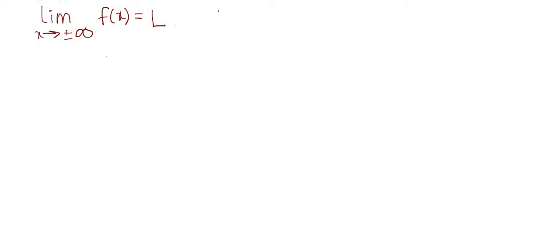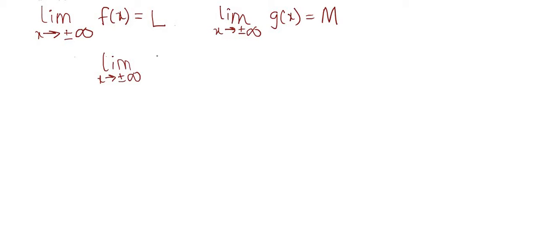Let that be equal to L, and the limit as x approaches plus or minus infinity of, say, g of x equal capital M. Now the first property goes like this: if we have the limit as x approaches plus or minus infinity of f of x plus g of x, guys, let me remind you, it's a healthy practice to put brackets like this, it is equal to L plus M.